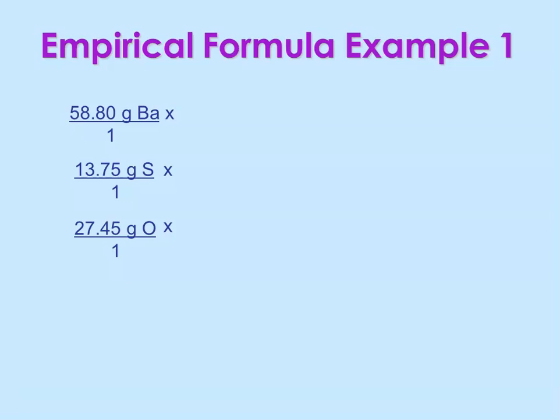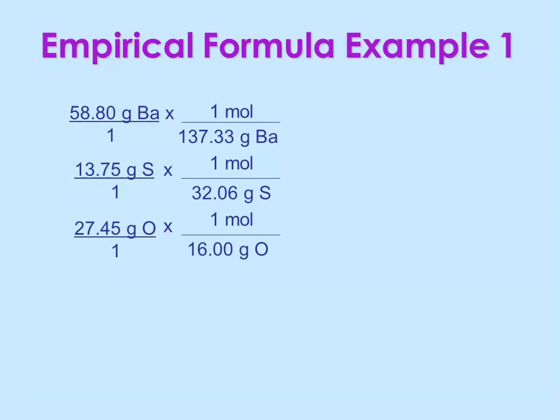So that gets us our starting point. We have grams being represented as those percentages of each of the elements making up our compound. Again, since we can't compare grams to one another, we're going to move on to step 2 and convert these to moles using the molar mass of each of these elements.